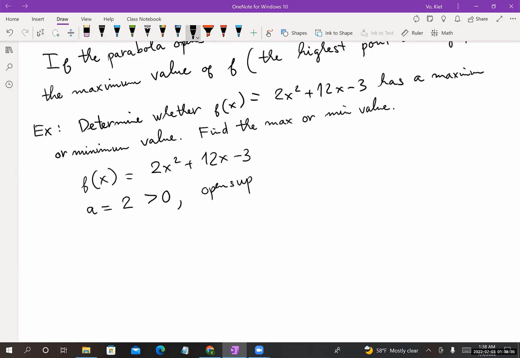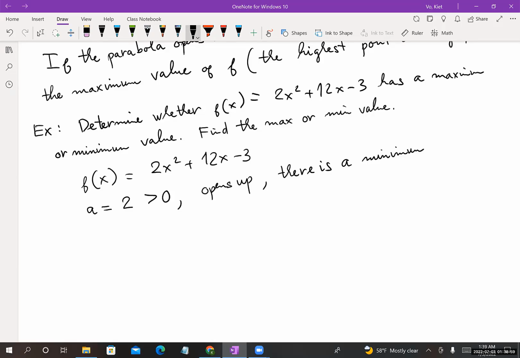So if the parabola opens up, that means there will be a minimum. So there is a minimum. Okay. So to find the minimum value, we're going to evaluate f of negative b over 2a.